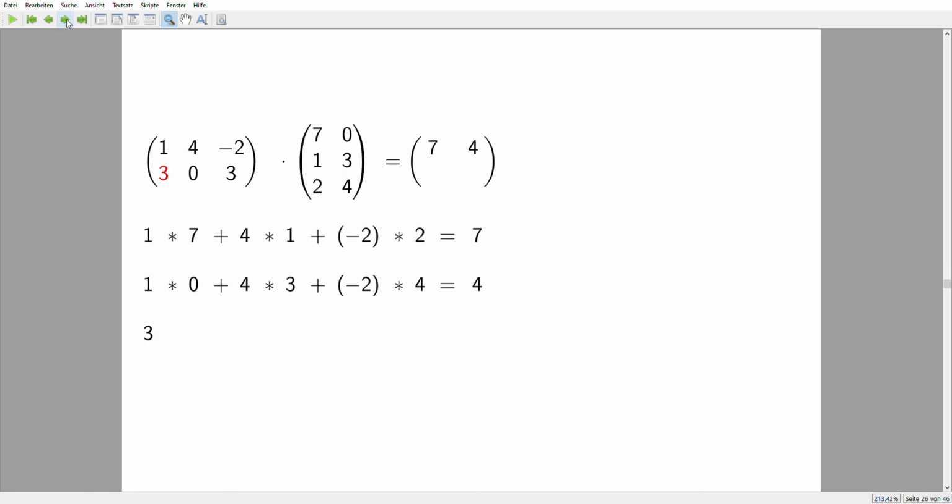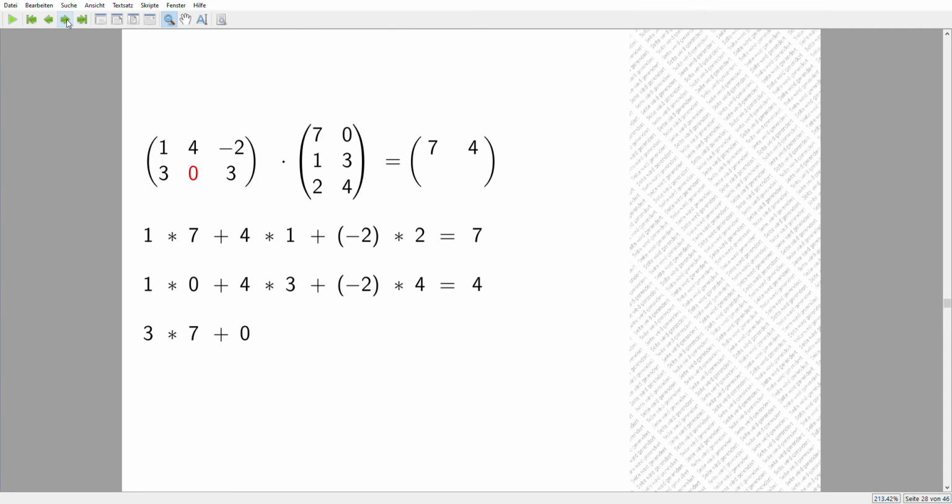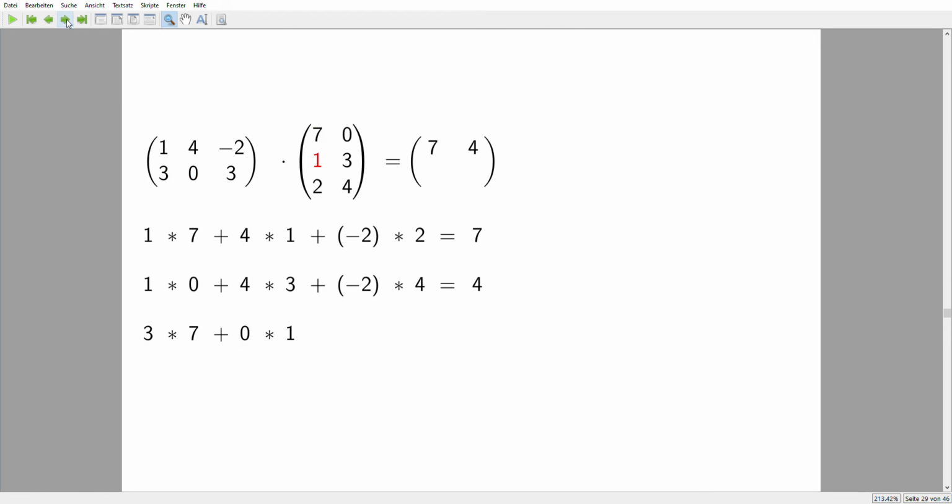That is 3 times 7 plus 0 times 1 plus 3 times 2, which is 27. And the same for the last element: 3 times 0 plus 0 times 3 plus 3 times 4, we get 12.